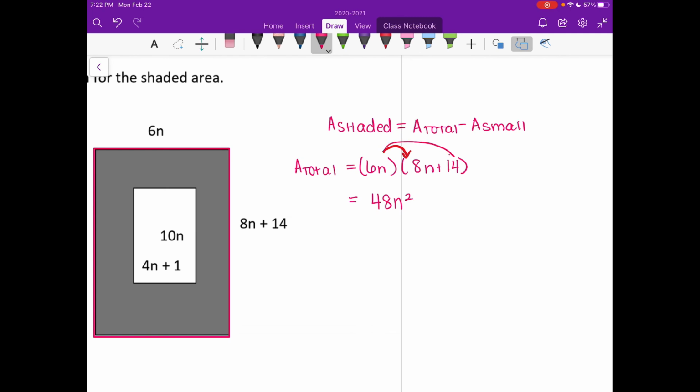Right? 6 times 14. 6n times 14. So it's going to be plus 6 times 14 is going to be 84. And then n times 1 is just n. So the expression for area of the total box is going to be 48n squared plus 84n.